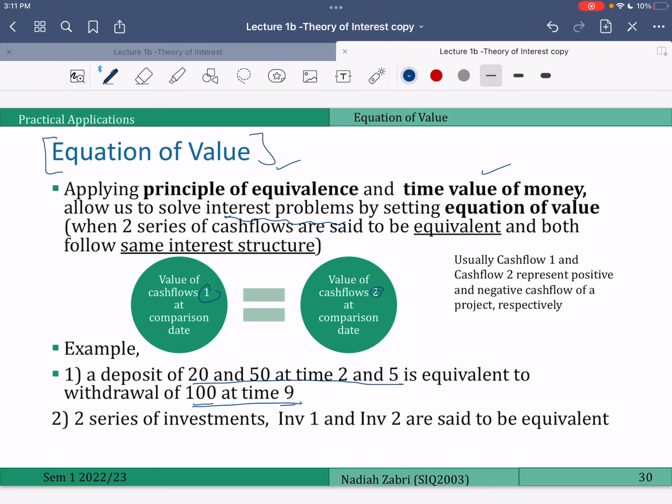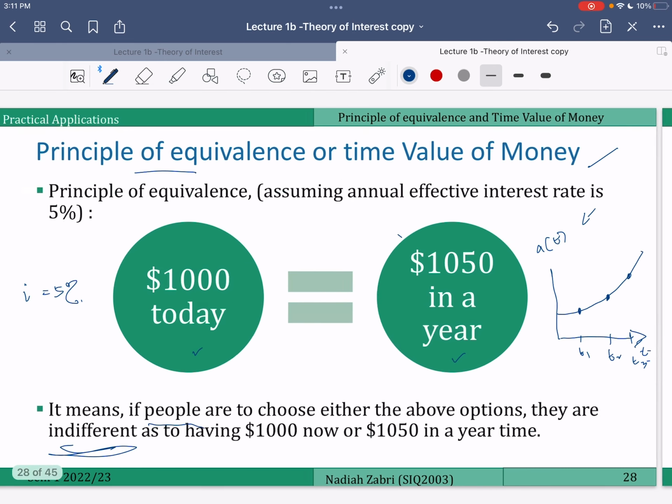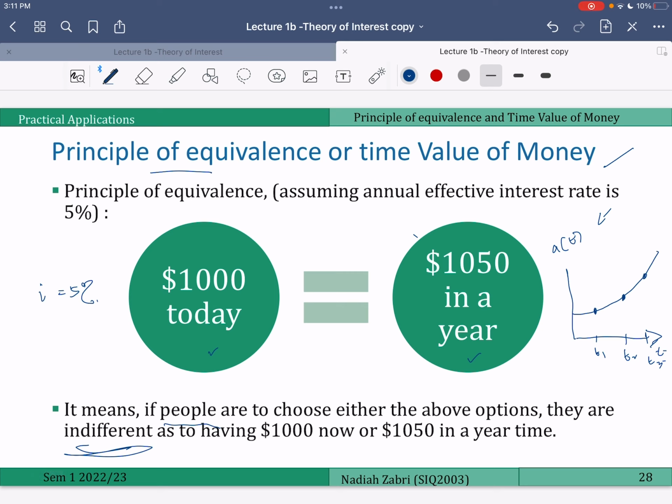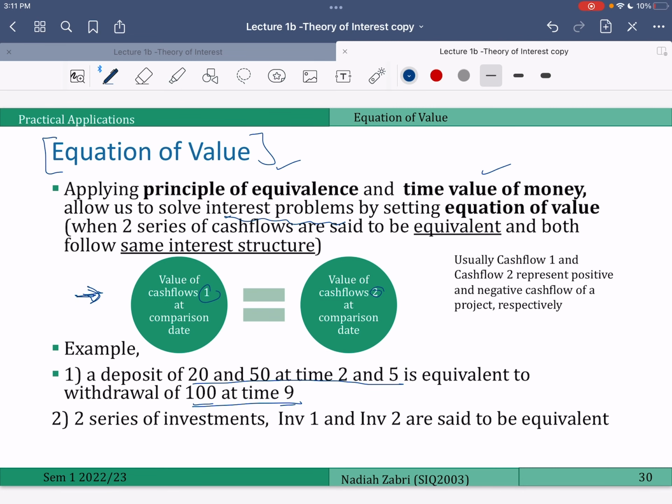So if you notice, our cash flow is not necessarily a single cash flow. Like our previous example, this is also an equation of value when we are saying this amount is equivalent to this amount, right? But actually cash flow 1 and cash flow 2 can include multiple cash flows.